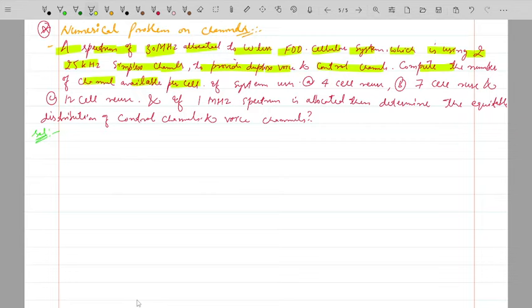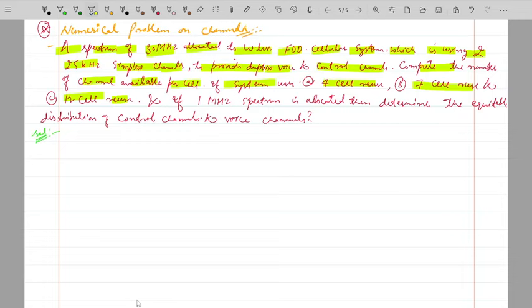There are different conditions. If the system is using a 4 cell reuse system, meaning the number of cells in the cluster is 4, or a 7 cell reuse cluster, or a 12 cell reuse. On these 3 different conditions, we need to find out the control and voice channels.